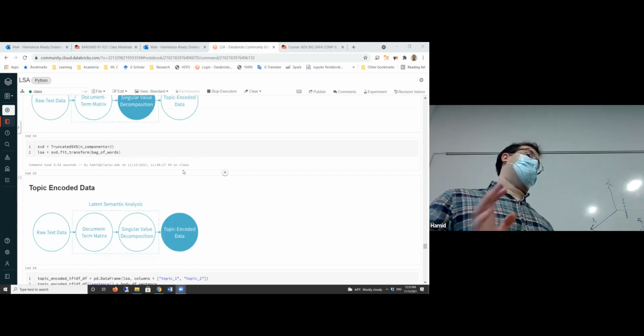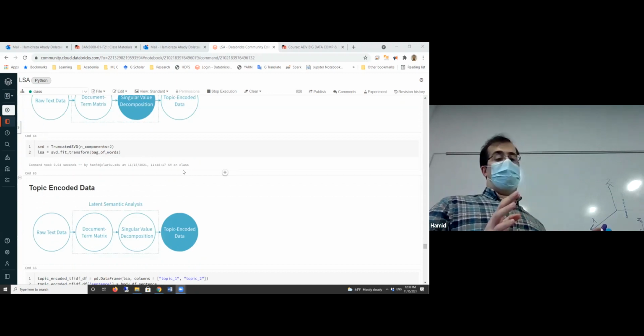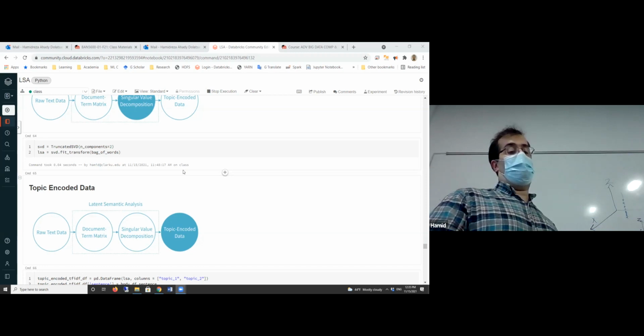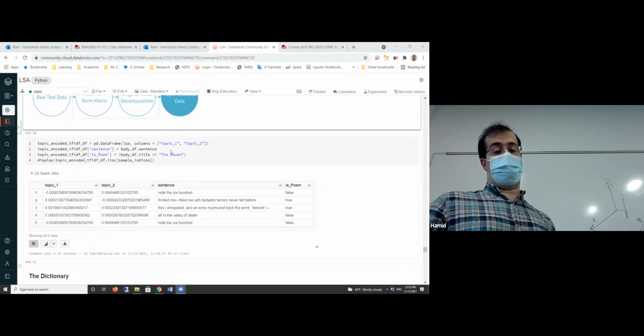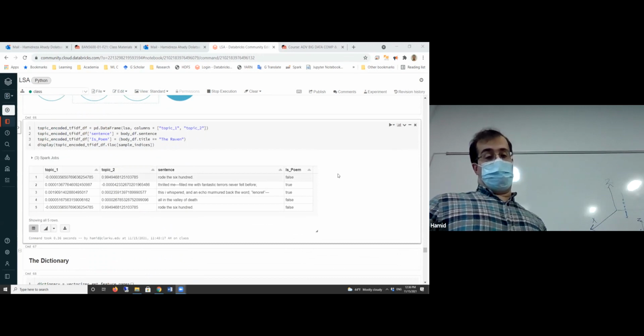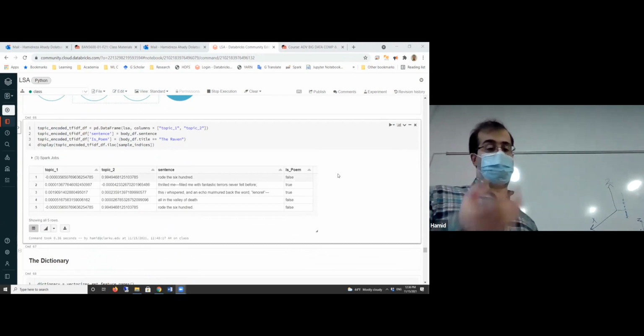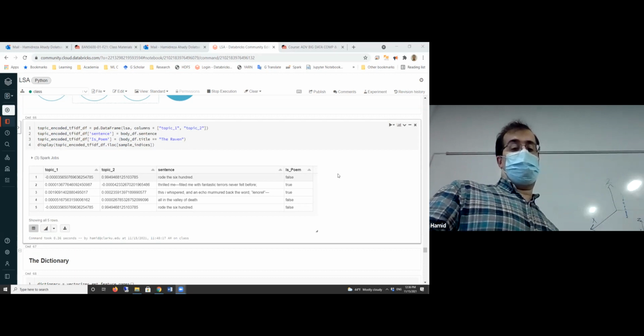This time, I still just use 2 topics, or here you can call them components, for applying SVD, and I applied it over the bag of words. Also, I just show the first 5 topics.